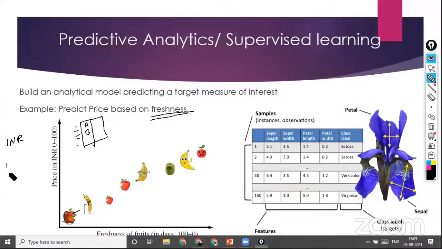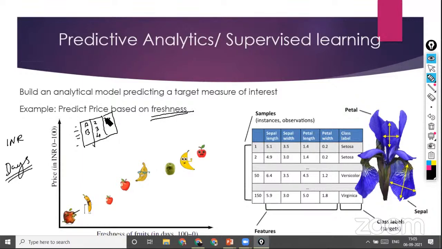So here the metric that we are going to use for freshness is in days. Okay, so you have values here, say 2 days, 3 days, 4 days. Now you have one more column here, and that is your target, that is the price. So you have price, say 20, 10, corresponding to each fruit.